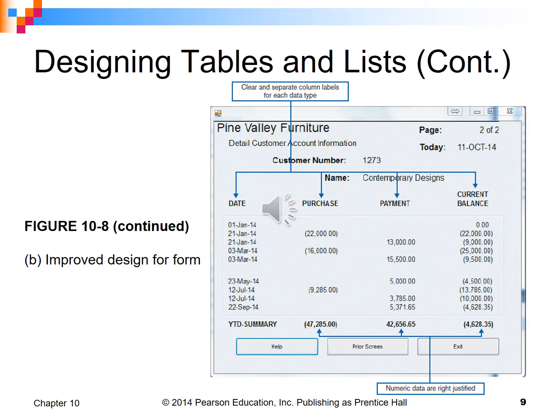Well, you could take that poorly designed report and design it this way. Look at the labels: date, purchase, payment, current balance. There is detailed customer account information, customer number, colon, with space between them, page 2 of 2 for navigation, and today's date.